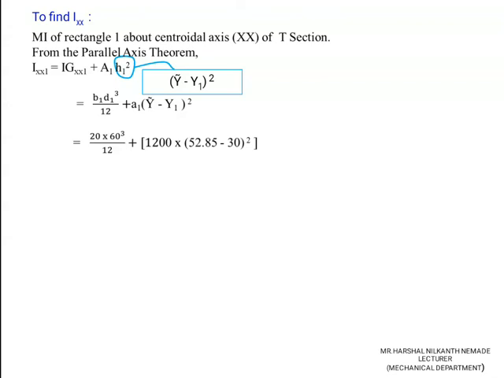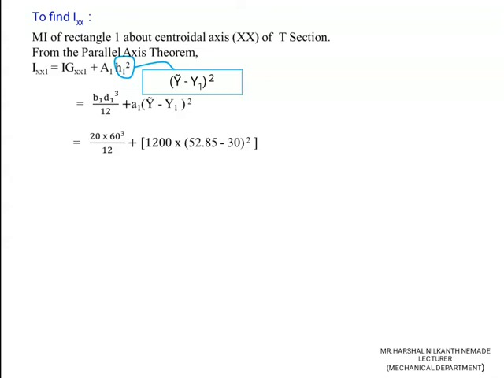So Ixx1 is given by b1 d1 cube divided by 12 plus area a1 multiplied by y bar minus y1 square: 20 multiplied by 60 cube divided by 12 plus 1200 multiplied by y bar value 52.85 minus y1 value 30, bracket close, square. We will solve.